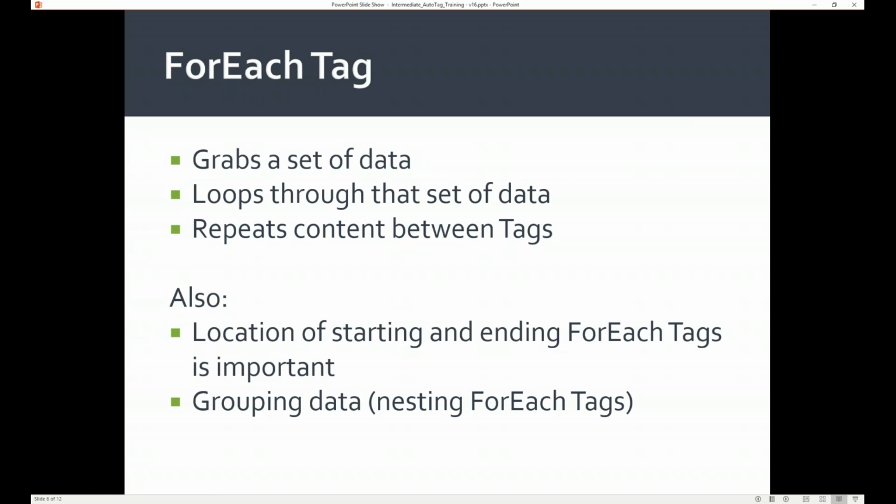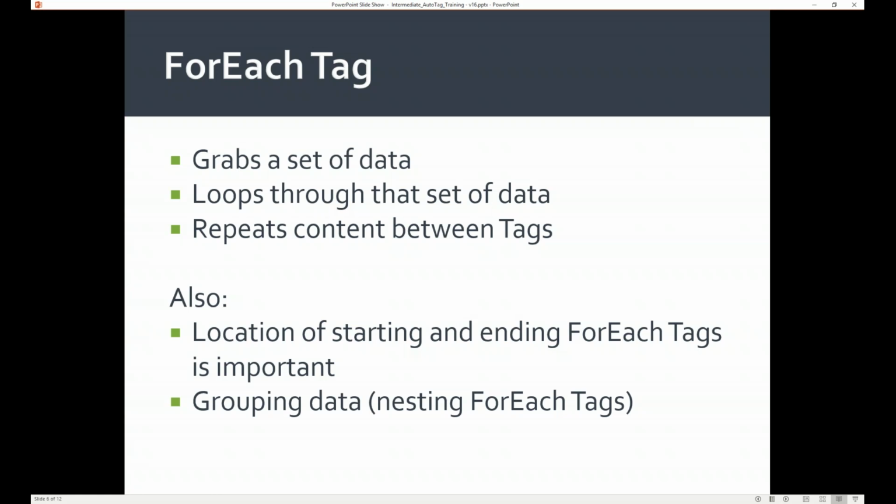All right, so for the for each tag, let's review what it actually does. It does three things. First, it grabs a set of data, any set of data that you want to pull from your data source. Next, it loops through that set of data that you selected to work with. And the third thing it does, it repeats all the elements between the beginning and ending for each tag.